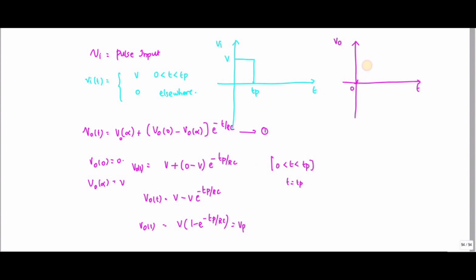So it will reach a point called Vp at t is equal to TP. This value is less than my V.